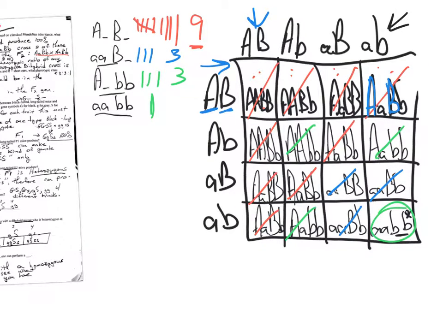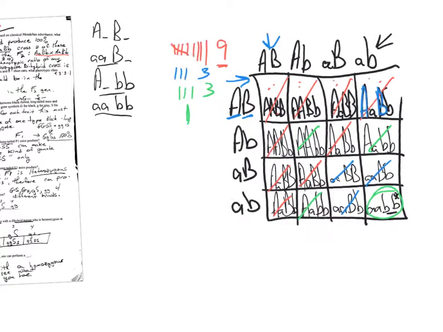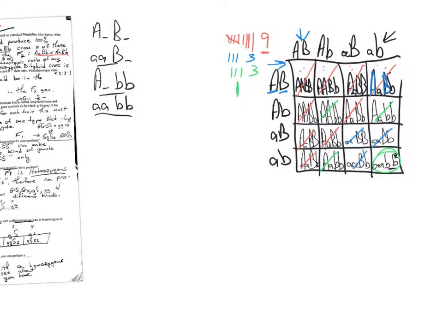I could be talking about horns or color of skin or height or anything. The trait doesn't matter. I could copy this and apply it to every problem. The letters can change, A and B and C and D or F and G. It doesn't matter. The ratio is always going to be 9 to 3 to 3 to 1.